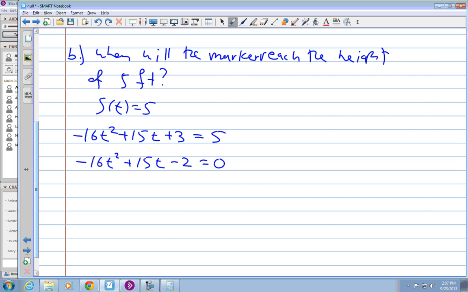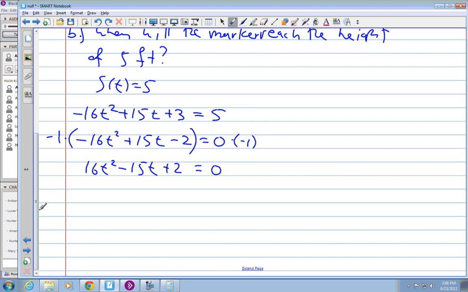So probably, most likely, it's not going to factor. So how will we proceed if we cannot factor? Yeah, quadratic formula. Another thing that you can do, if you start with a negative, it's a little awkward to solve quadratic equations when they start with a negative. You can multiply both sides by negative 1. It'll make your life a little bit easier if you change all the signs like that.